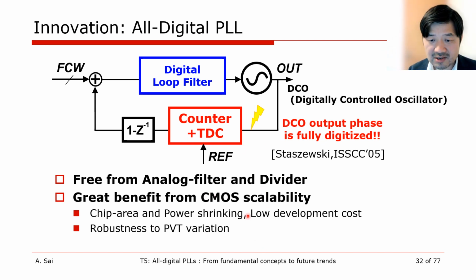You can reuse, for example, the HDL from one application in another design, which reduces the design and development cost. Moreover, the phase digitization by the counter and TDC in the ADPLL makes it easier to use calibration to enhance the PLL robustness.